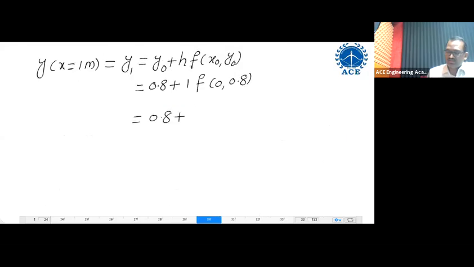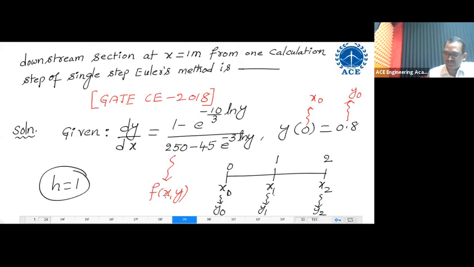Now we need f of 0 comma 0.8. Substitute x value 0, y value 0.8. Here in this equation take x 0, y 0.8.